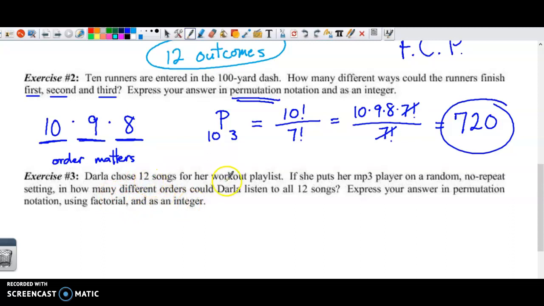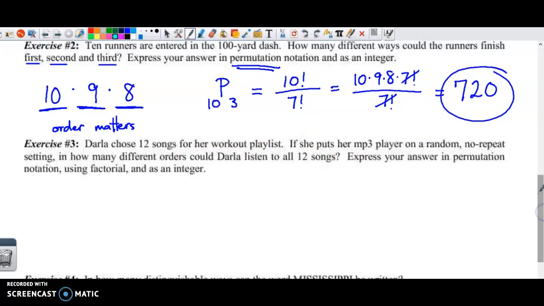We have 12 songs for Darla's workout playlist. I guess she puts her MP3 on a random, no repeat setting. So once you hear a song, you can't hear it again. So in how many different ways, how many different orders could Darla listen to all 12 songs?